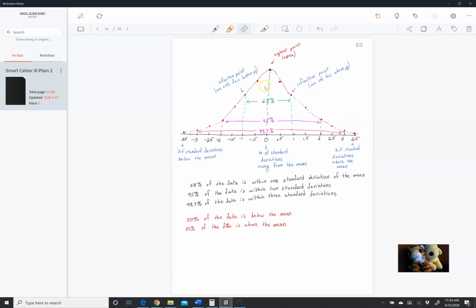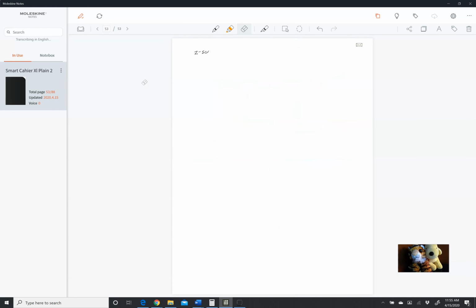We know that 50% falls here, right? We want to know how much falls below a certain point. So for that, we're going to use z-scores, okay? So remember what a z-score is. A z-score is the number of standard deviations away from the mean.